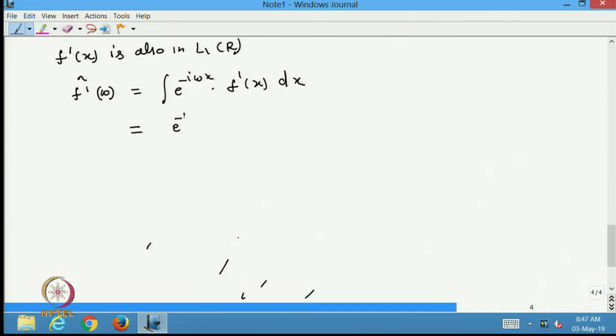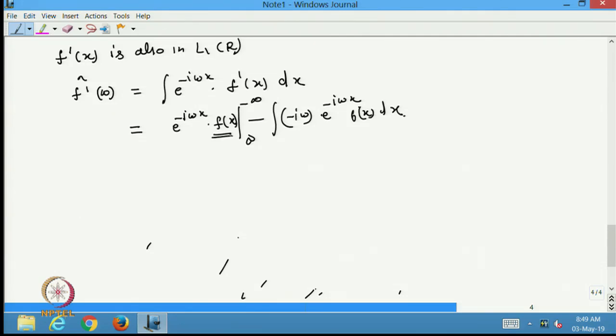So, if I use integration by parts, where this is i omega f(x) dx.